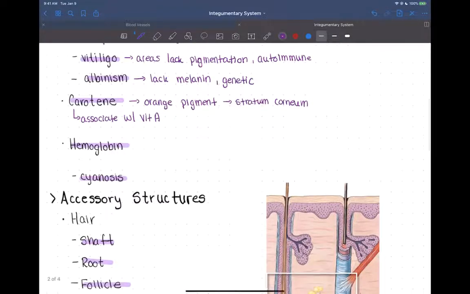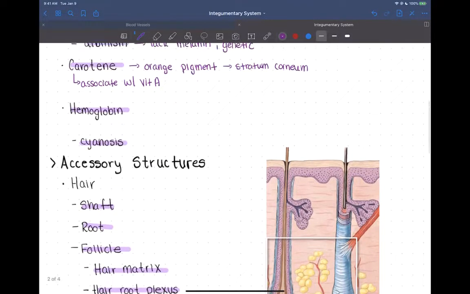And then lastly, hemoglobin is a pigment that can affect skin tone and skin color. All right, so hemoglobin is in your blood, right? So this is the pigment in blood. Okay, and so it's what gives blood that bright ruby red color when hemoglobin is bound to oxygen.